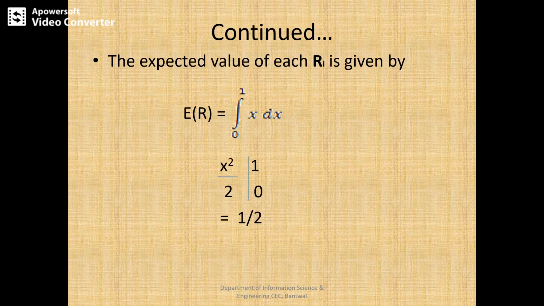The expected value of each Ri is given by E of R, the integration from 0 to 1 of x dx. After simplifying, x square by 2 with upper limit 1 and lower limit 0, we get half. So the expected value E of R is half.